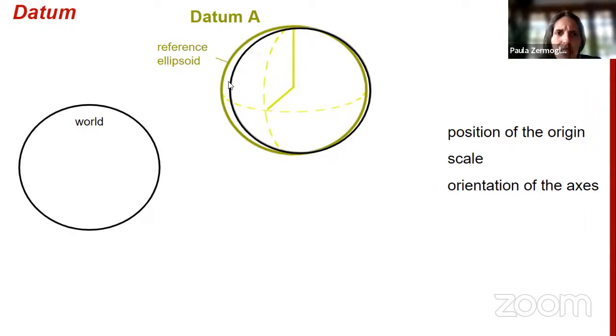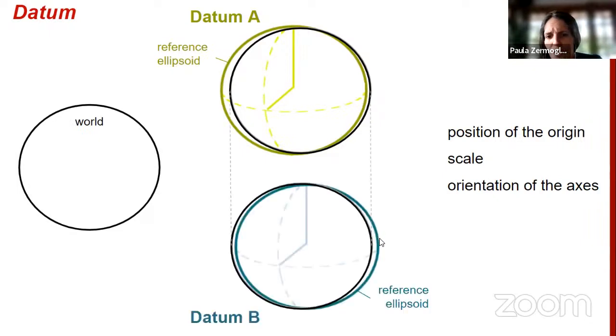So, for example, this datum A has this origin, has a particular scale, and orients its axis, X and Y, in a particular way. Other datums can do it differently, for example, because they use a different reference ellipse.